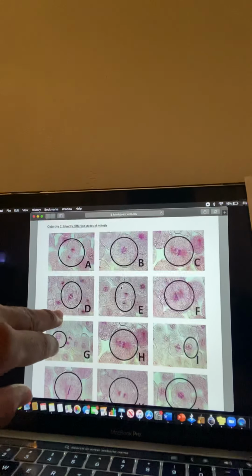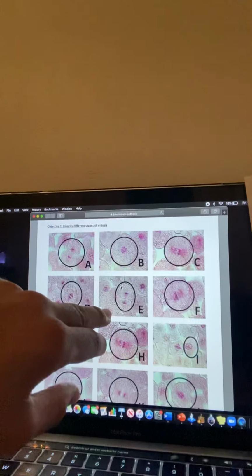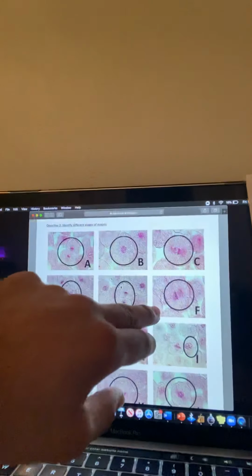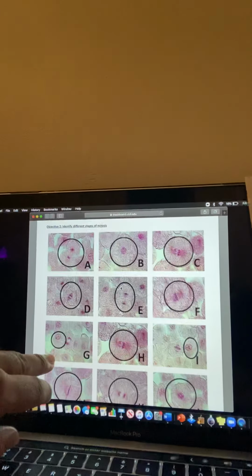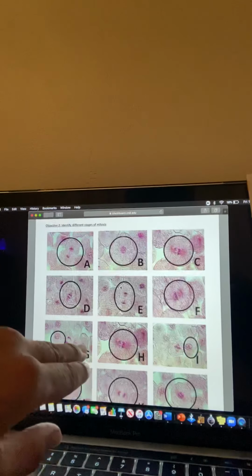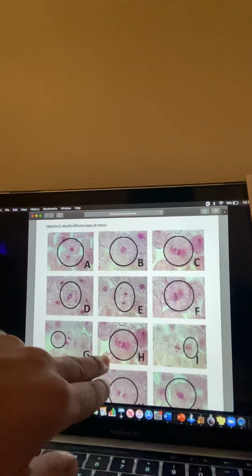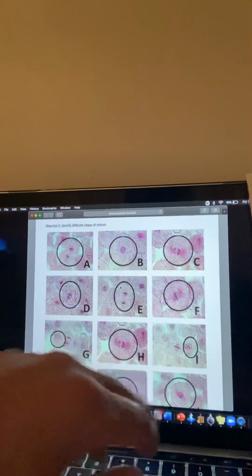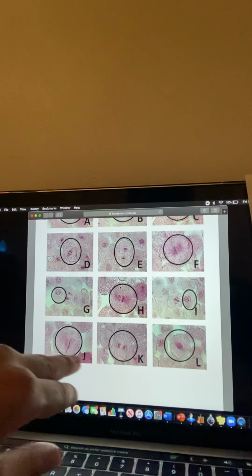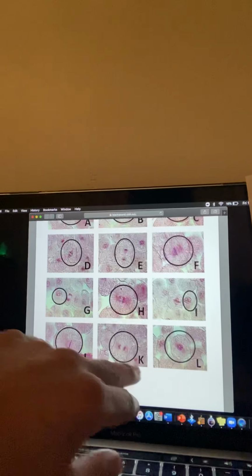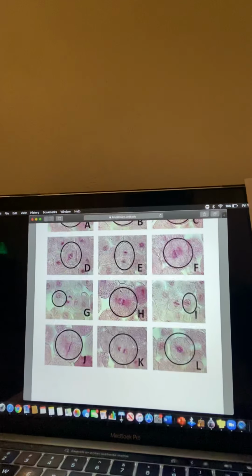D, metaphase. E, anaphase. F, metaphase. G, prophase. H, metaphase. I, interphase. J, metaphase. K, anaphase. And then the last one, L, be interphase again.